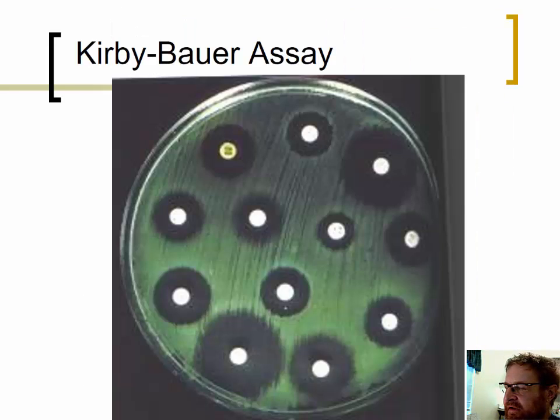I was saying before that there's a special case when we use that disk diffusion assay for antibiotics, and that's something called the Kirby-Bauer assay. So in the Kirby-Bauer assay, the bacteria are streaked over the agar plate, and then paper discs with antibiotics, in this case, are put over that, then incubated, and we generate a zone of inhibition for each of the antibiotics.